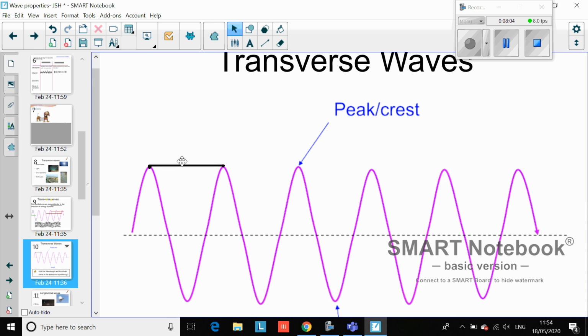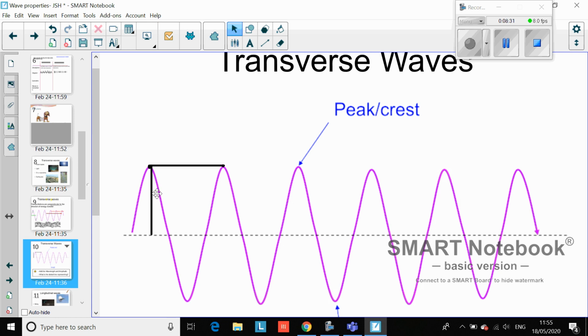Now a couple other things you need to know. You need to know about the amplitude. Now the amplitude is the height of the wave. Some people think that that is the height of the wave. That is wrong. The height of the wave is from the middle to the top, or once again from the middle to the bottom, which as you can see is about the same.